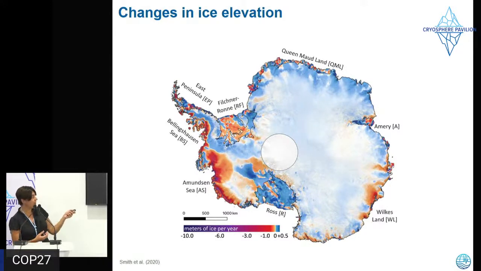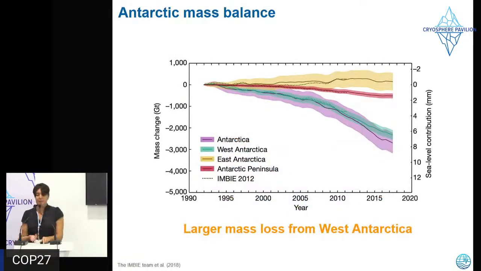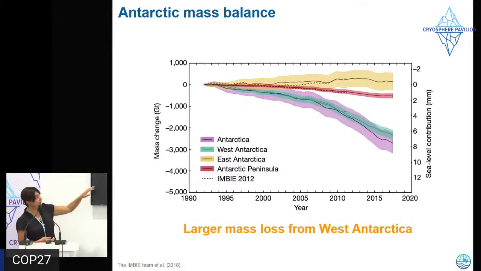So that's quite striking. Now, if we combine all the numbers together and make a sort of mean of mass loss around the different sectors of Antarctica, this graph shows you how much Antarctica, with the purple curve, has been contributing to sea level rise since the 90s, actually. And you can see that most of this purple curve is mostly overlaid by the green curve, which is the contribution of West Antarctica, while East Antarctica has almost zero contribution.